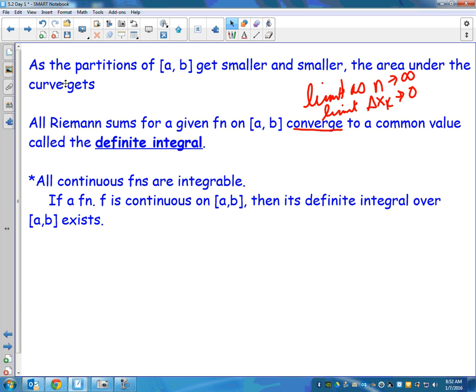So in calculus, integrable. So what we want to talk about is the notation. We want to say exactly the 500 rectangles.